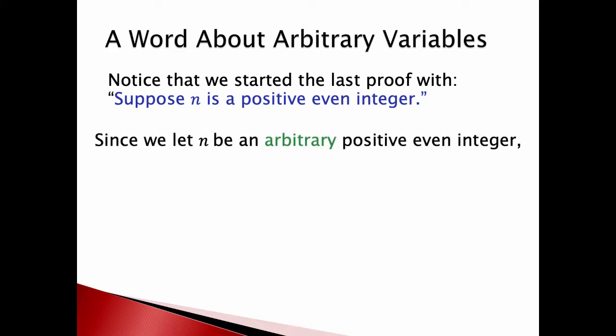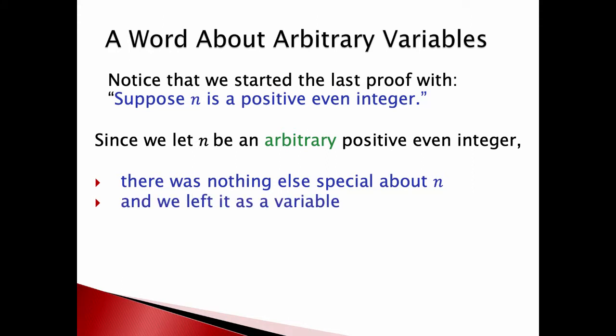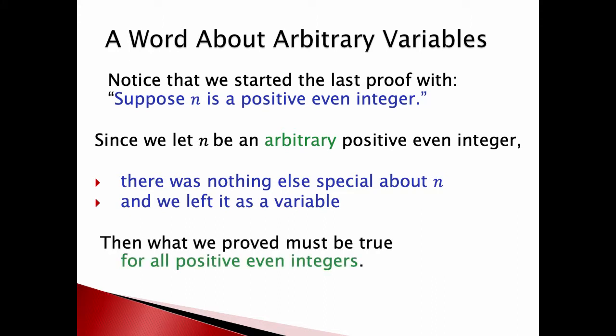See, we let n be an arbitrary positive even integer. Arbitrary is the right word here. We didn't assume that there was anything special about n, and we left it as a variable. So if we do that, then when we're done, what we've proven has to be true for all positive even integers.